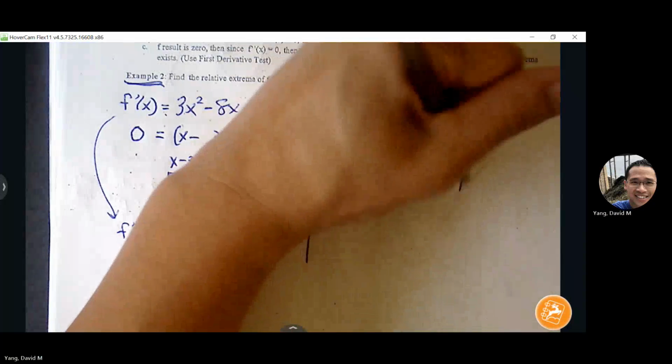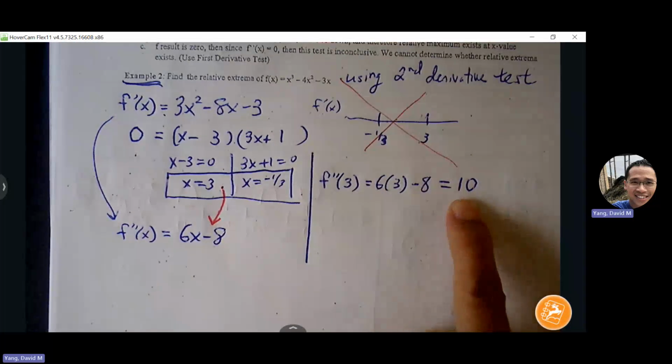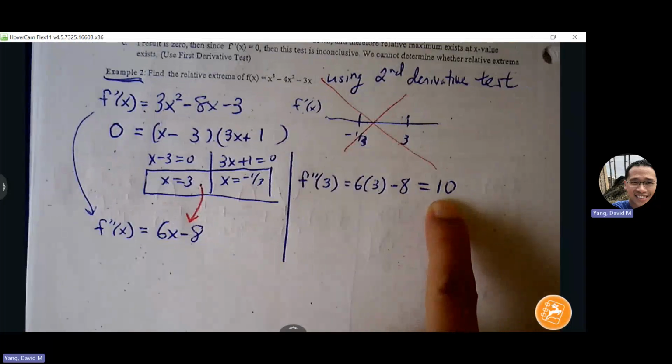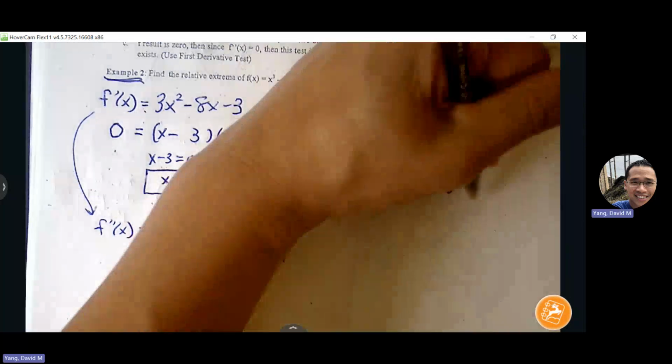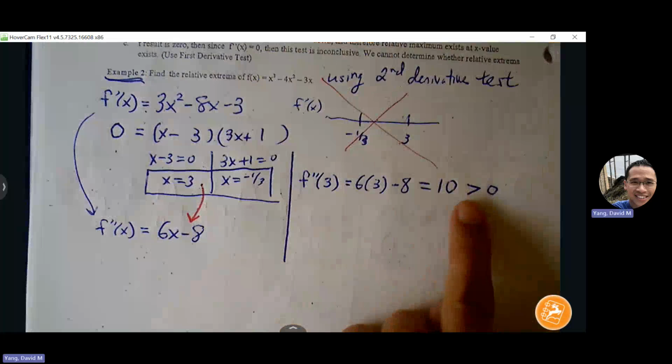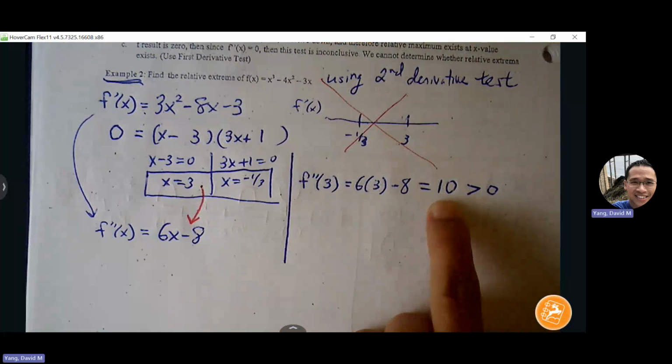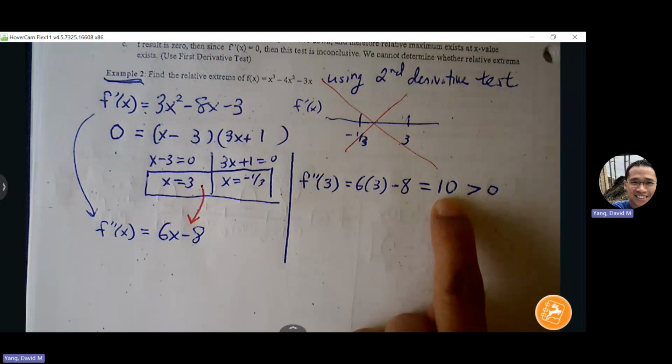10. Now, this number is not important in the sense that it's not an ordered pair. It's not a slope value. It's a concavity value. So don't worry about this number. Worry about the fact that it's positive. Okay. So what does that mean? That means this graph is part of a relative minimum, because it's concave up.